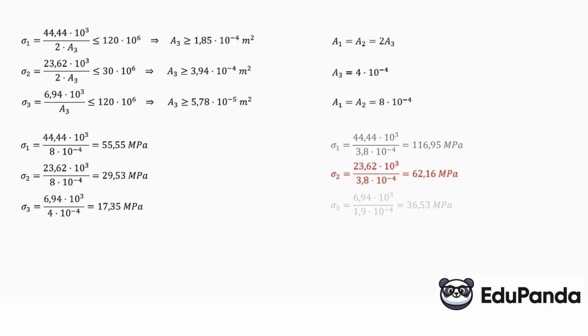Here the third bar would also withstand, the stresses being 36.53 megapascals. So here the stresses are also more than twice as high, but nothing is happening. Well, I won't even mention that if we dimensioned according to the third condition, the stresses would be about 120, if not more. So we need to interpret these results well.